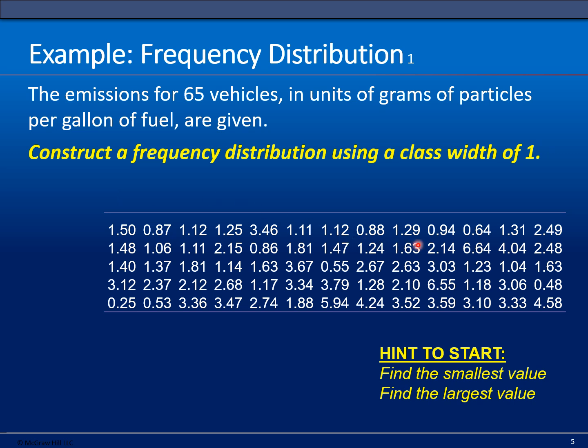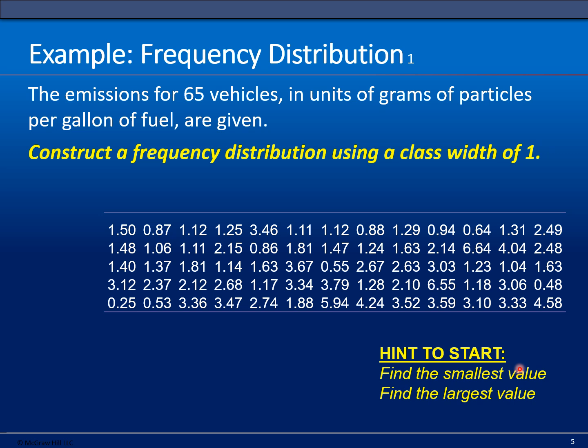I can see that we have values that are less than 1. I see a 0.25. So we're going to start the first class at 0. The largest value, I see a 5.94. I see a 6.55, so it's likely that we're going to want to go to 7.